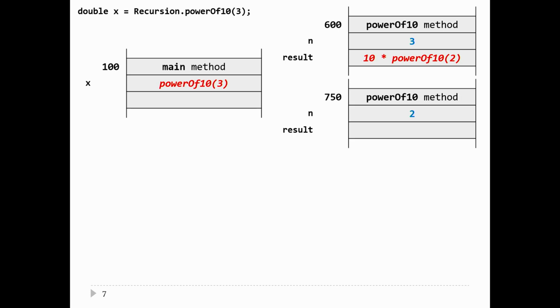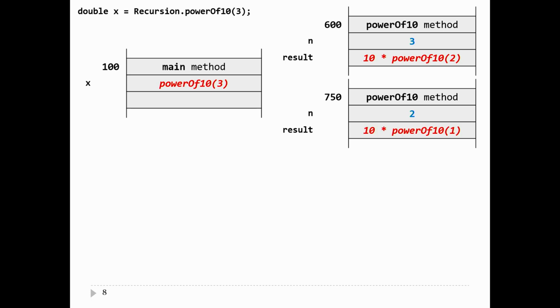A separate version of power of 10 runs. Somewhere in memory, a new chunk of memory gets carved out for the second version of power of 10 to run. The parameter 2 gets copied into that memory, and then the method runs.